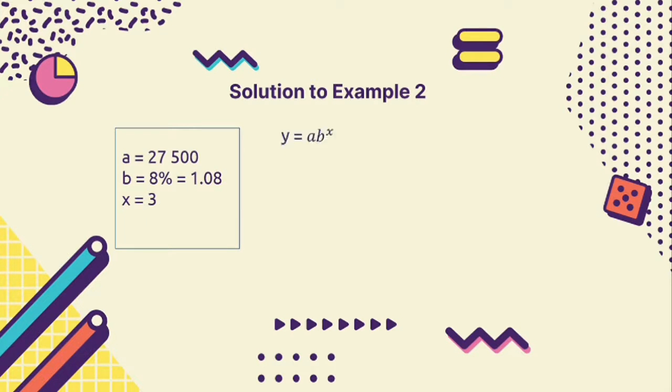y equals a times b raised to x. y equals 27,500 multiplied by 1.08 raised to 3. So 1.08 raised to 3 is 1.259712.